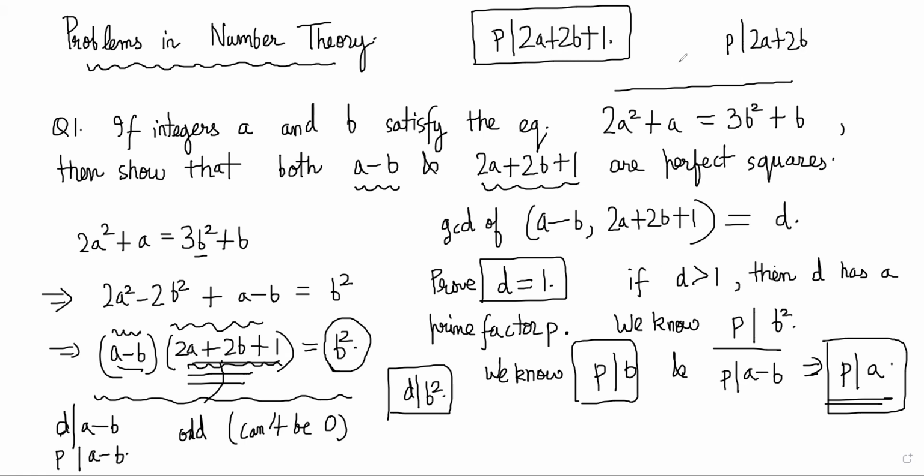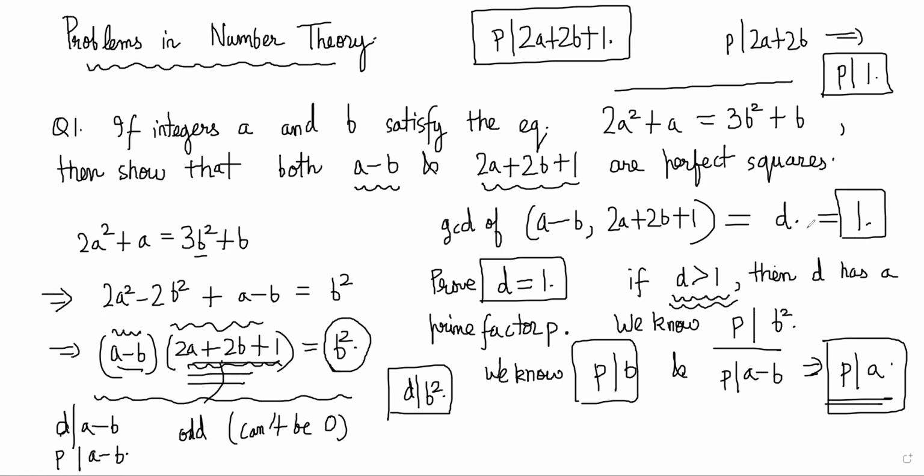So how can p divide 2a plus 2b plus 1? That would mean that p divides 1, which is a contradiction because no prime number divides 1, right? So we have arrived at a contradiction by saying that d was greater than 1. So d cannot be greater than 1, and that means that d must be equal to 1, right?